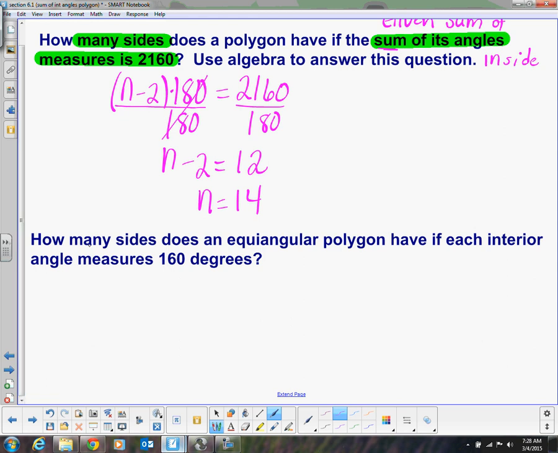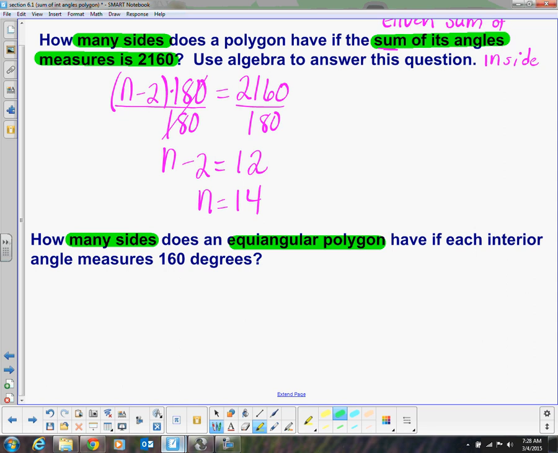Okay, how many sides? Again, we're looking for sides. How many sides does an equiangular, what does that mean? Equiangular. All angles are equal, meaning it's, well, regular means equal angles and equal sides, and just because it has equal angles doesn't guarantee equal sides.